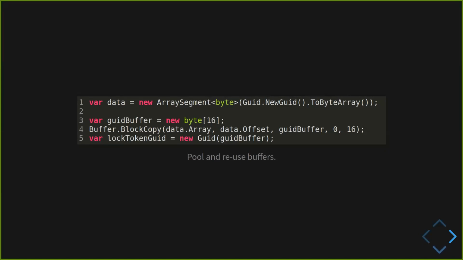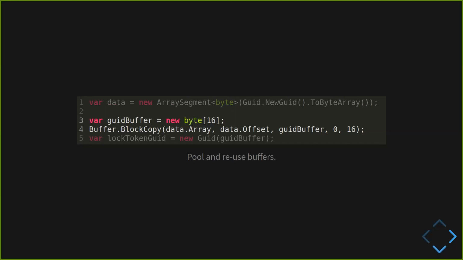And one piece that was in there is whenever we got a byte array from the network, the SDK created a 16-byte buffer, and then it used Buffer.BlockCopy to take the array segment and copy it into that byte array.